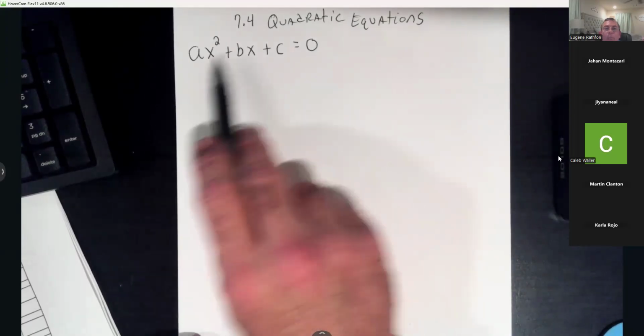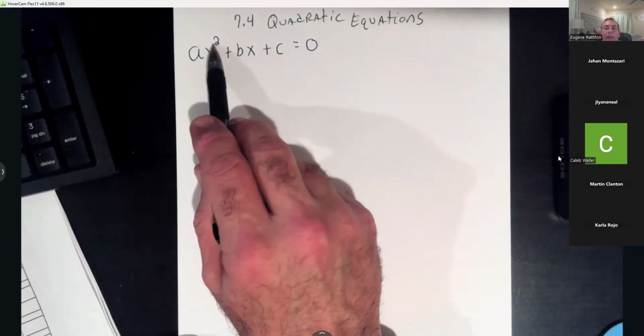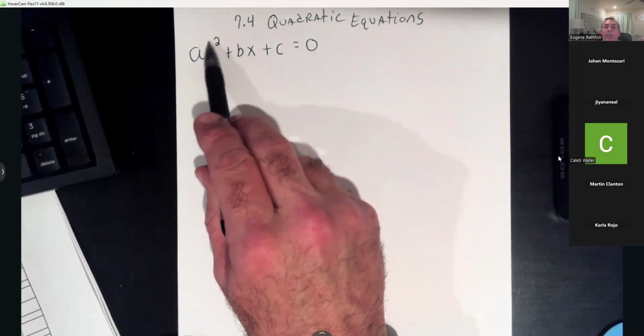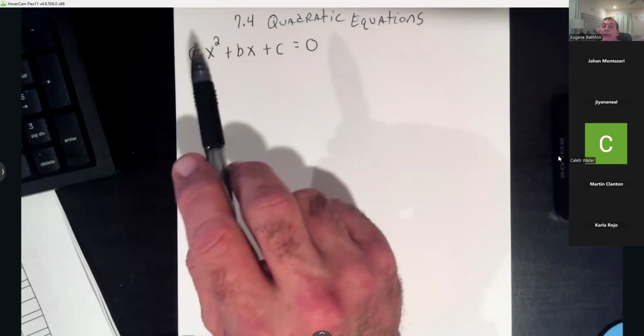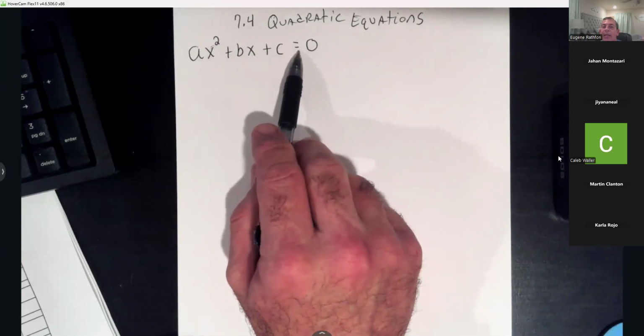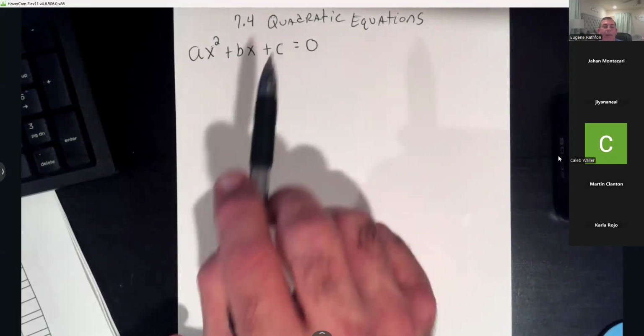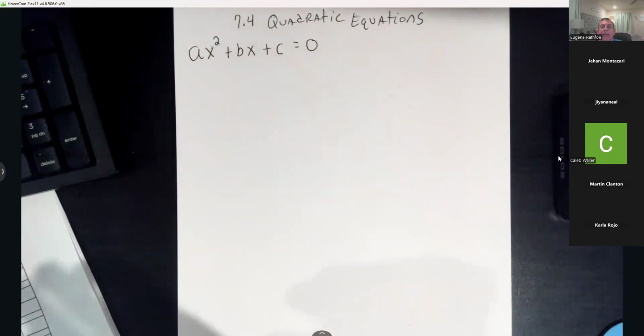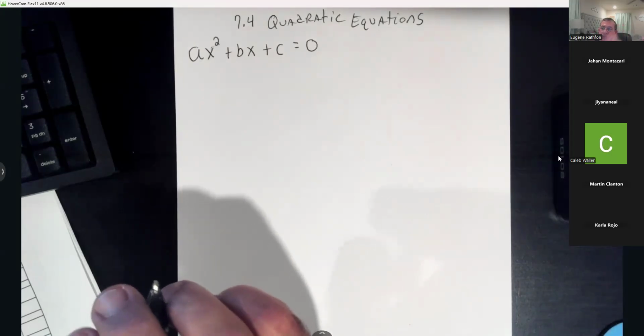Okay, so this is the form when you got a quadratic equation. That x squared term is what's making this quadratic. So when we solve these, we want everything on one side equal to 0. Y'all, in this class, we set everything equal to 0.